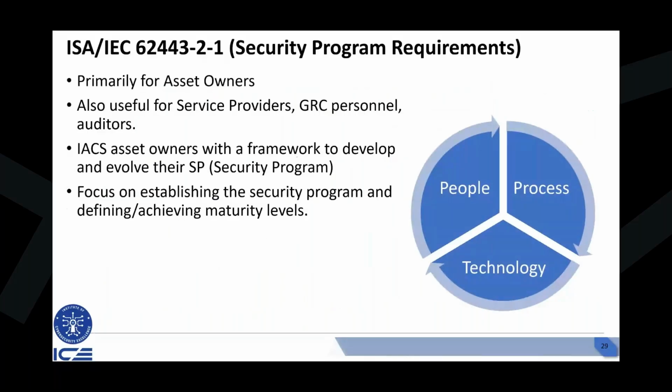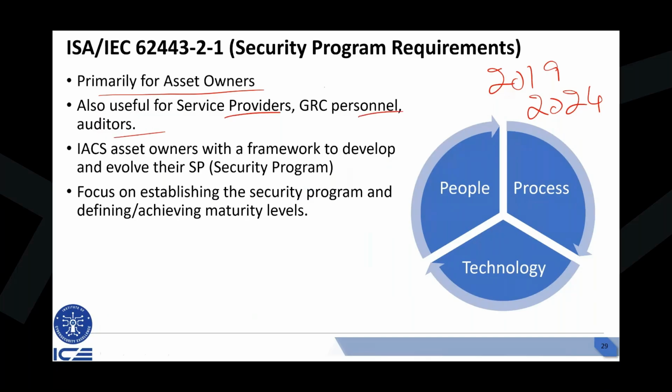The previous version was quite different in terms of the structure and the content. And ISA did a major overhaul when they transitioned from the 2019 version to the 2024 version. As I said before, this is primarily for the asset owners, but also useful for service providers, GRC personnel, and anybody else who has anything to do with OT security.